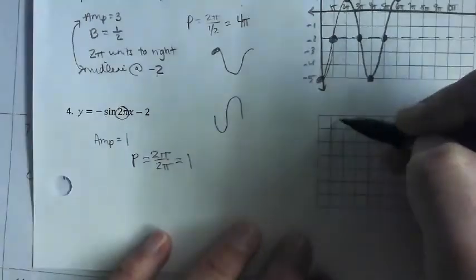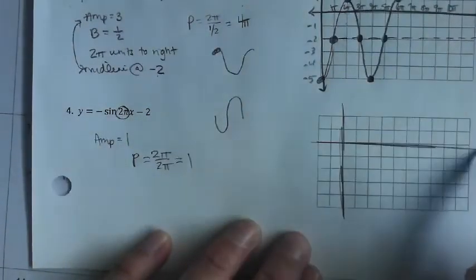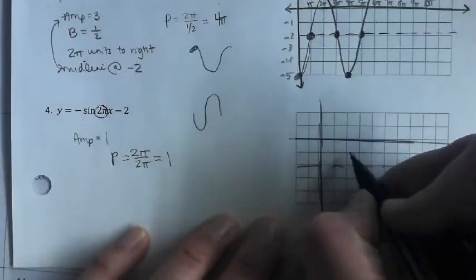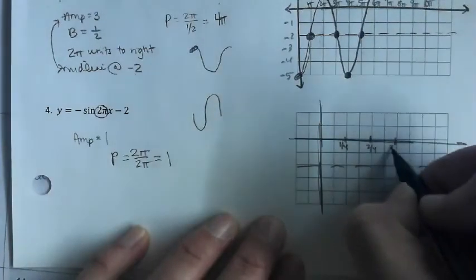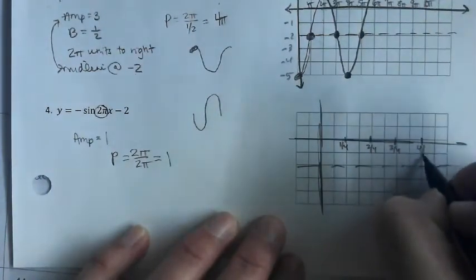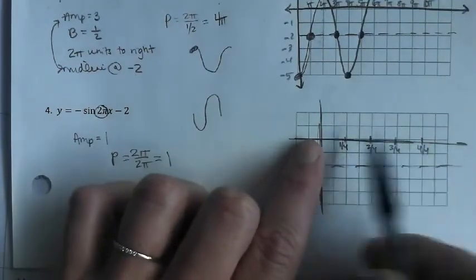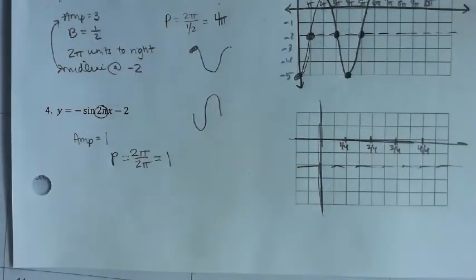1/4. So when I do this, and you don't have to do this, just watch. My midline's what, -2? When I count, I'm going to count by 1/4, 2/4, 3/4, and then 4/4. So that's 1, right? So the length of my period will start at 0 and end at 1, and then I'll have it nice and evenly spaced so I can go halfway between things.